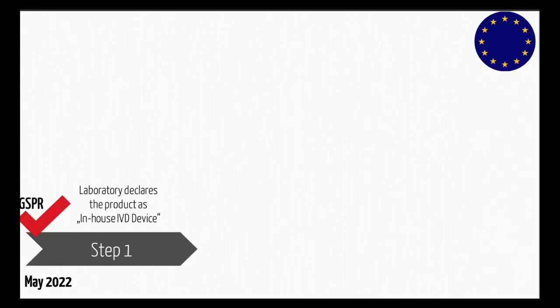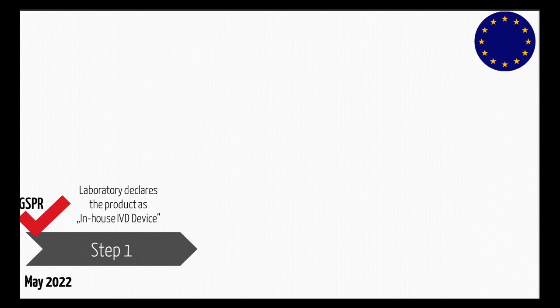Very interesting. So let us see what happens during the next few years in the EU. Step one for medical laboratories is to comply with the general safety and performance requirements, here abbreviated GSPR, which are outlined in Annex 1 of the IVDR. So the laboratories declare the products as in-house IVD devices.